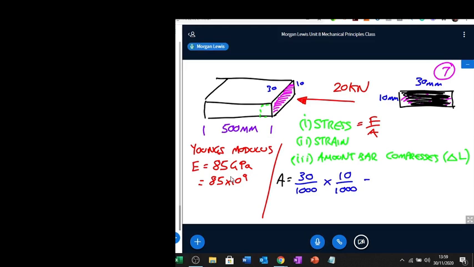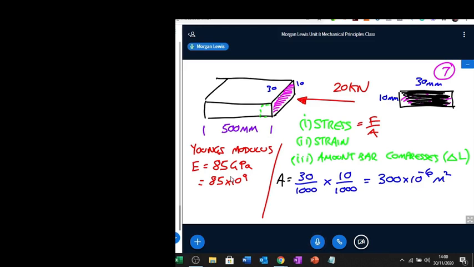See what you get. You might get something like this, because there's a quick way of doing it. You can just multiply them together and divide by 1,000,000. 30 divided by 1,000 times 10 divided by 1,000.